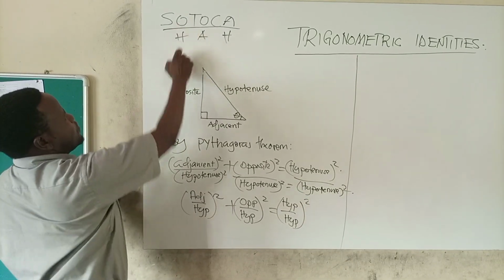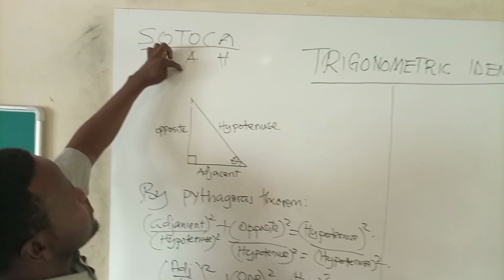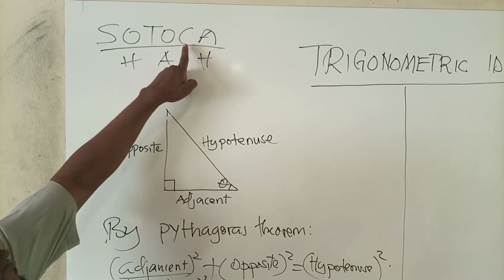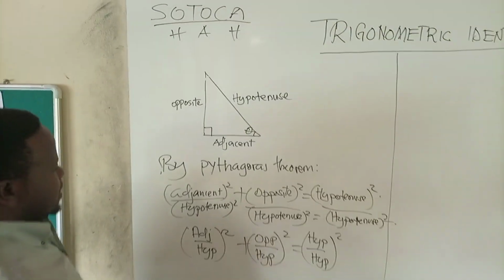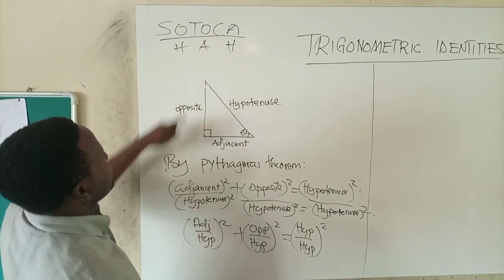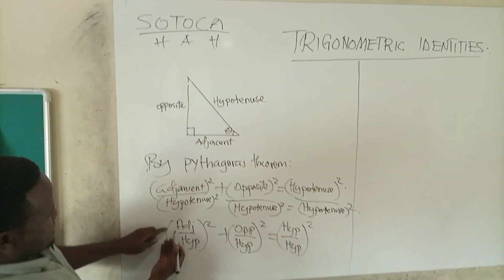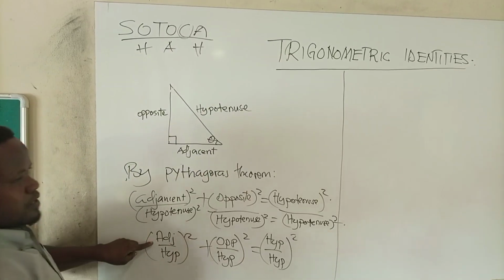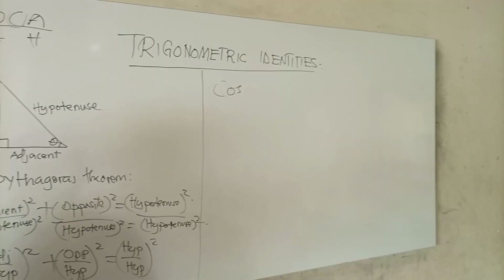So sine is equal to opposite over hypotenuse. Tangent tan is equal to opposite over adjacent, and this one stands for cosine. So cosine is equal to adjacent over hypotenuse. So adjacent over hypotenuse gives what we call cosine.